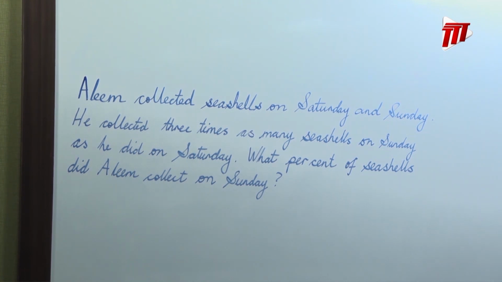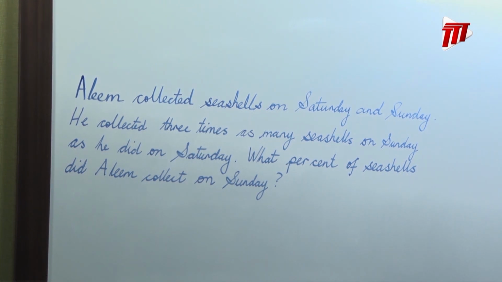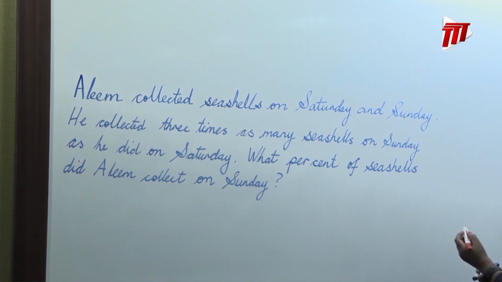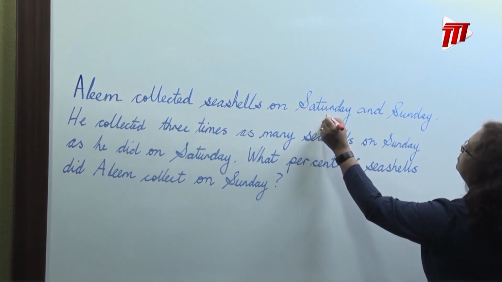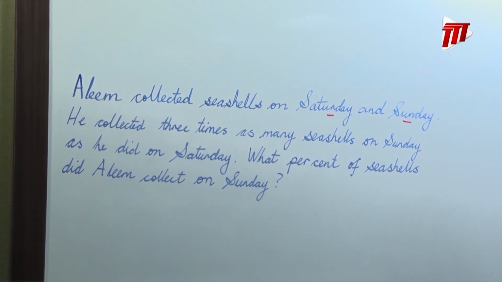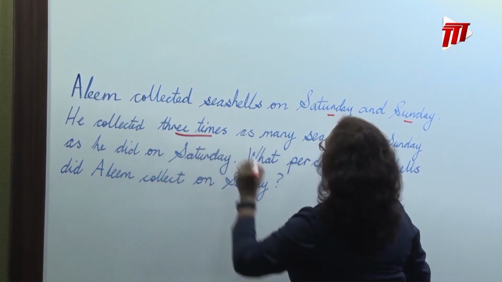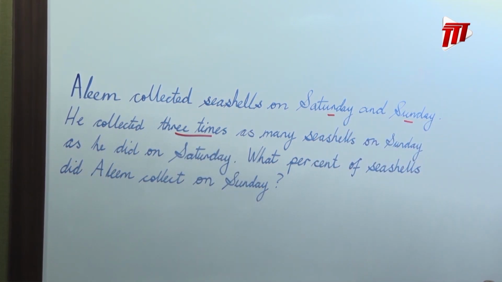So let's take a closer look at the problem and see what information we got. So we know that Aline collected seashells on 2 days, Saturday and Sunday. He collected 3 times as many seashells on Sunday as he did on Saturday.